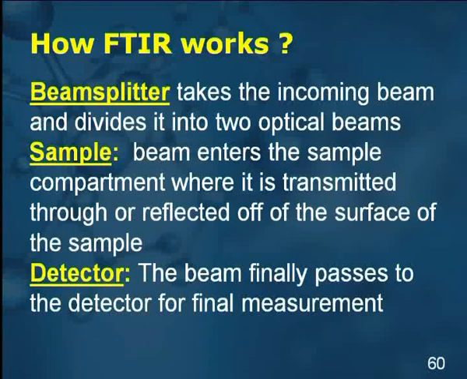The beam enters the sample compartment where it is transmitted through or reflected off the surface of the sample. Light passes through the sample in the sample holder. Detector: the beam finally passes to the detector for final measurement. Then the computer, which gives the output signal, where the Fourier transformation takes place.